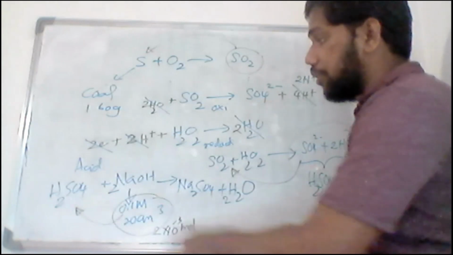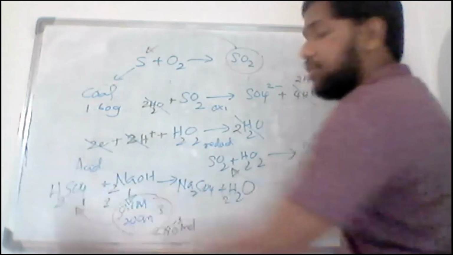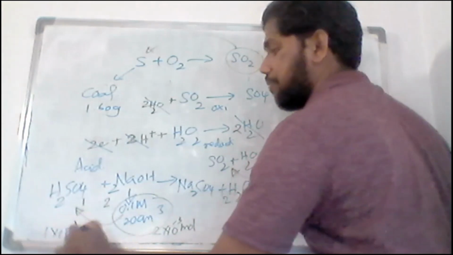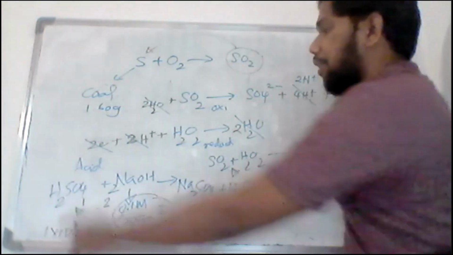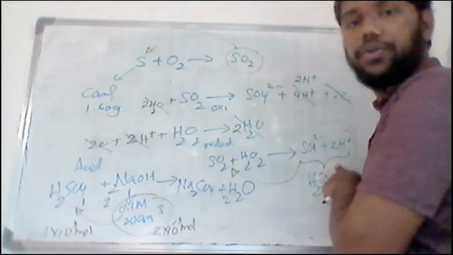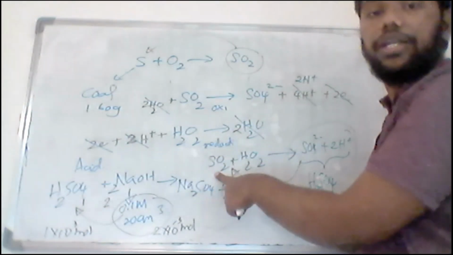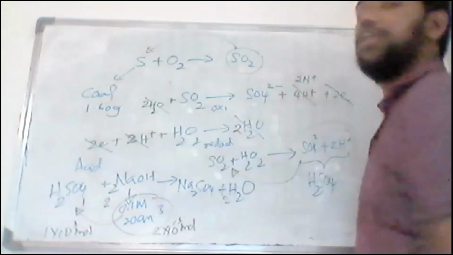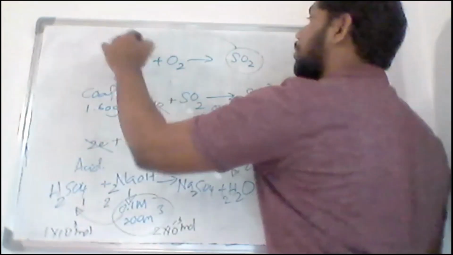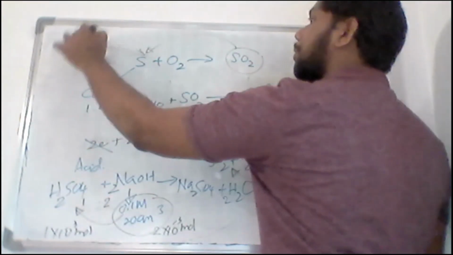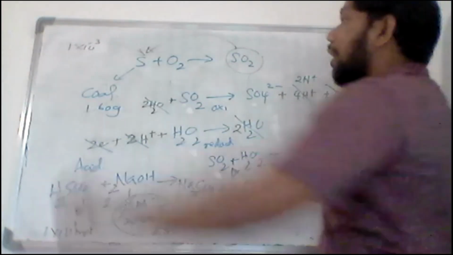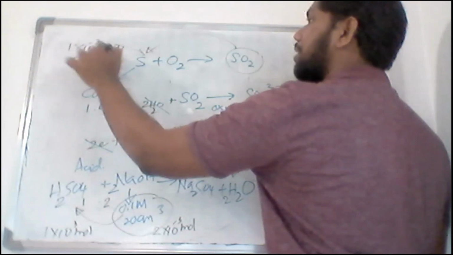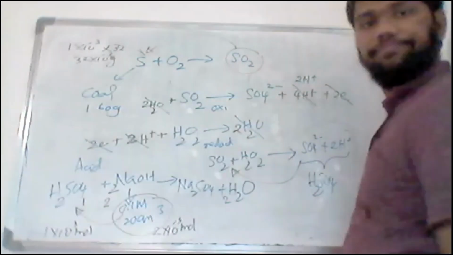Then the stoichiometry is 2:1, so the number of moles of H2SO4 is 1 times 10 to the power minus 3 moles. So this is also 1 times 10 to the minus 3 for SO2 and for sulfur. So in the coal sample, we have 1 times 10 to the power minus 3 moles of sulfur, and the weight of sulfur is 32, so this should be 32 times 10 to the power minus 3 grams.